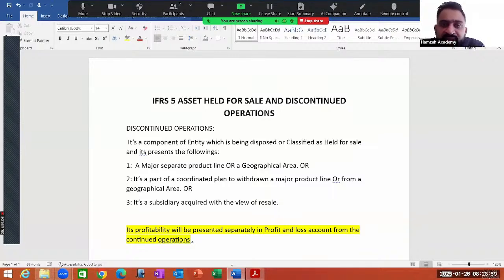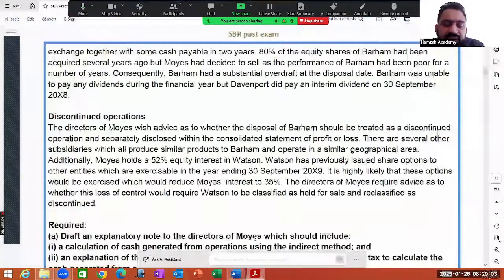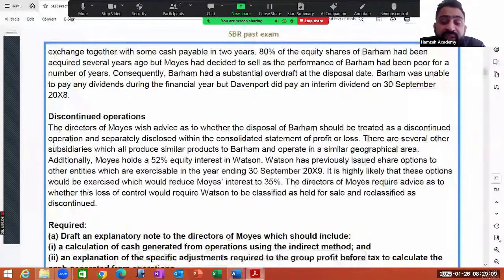Now, if any of these three criteria are fulfilled with respect to Barham company, then Barham company can be presented as a discontinued operation in the profit and loss account.